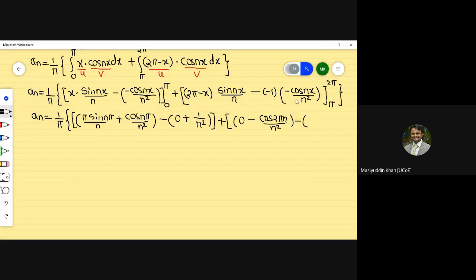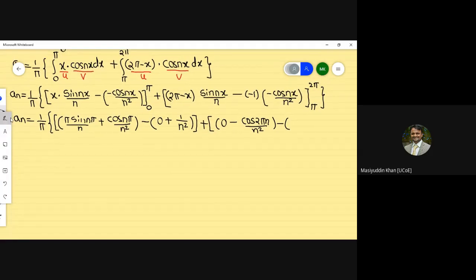So 2 pi minus pi will become pi, pi into sine of n pi upon n. Putting minus minus minus, it will become minus pi cos of n pi upon n square. So this square bracket is completed, and this curly bracket is also completed here.